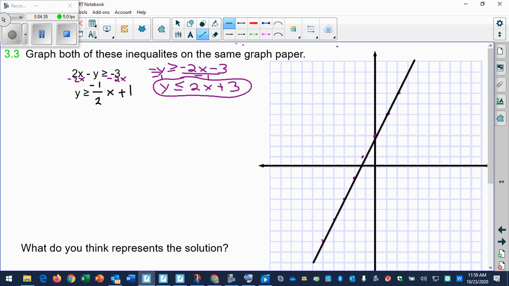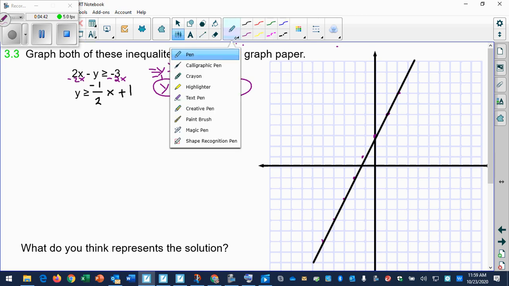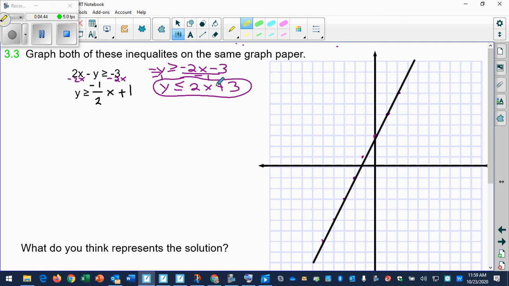And the last step is to color it on whichever side you're supposed to color. So what color do you want to color it? Purple? Blue. Oh, this is where it gets really pretty when we start doing these. So you'll see. Well, I'll do purple, then I'll do blue. Okay. So do I go below the line, or do I color above the line? Below, because it's less than. So I'm going to color right here.